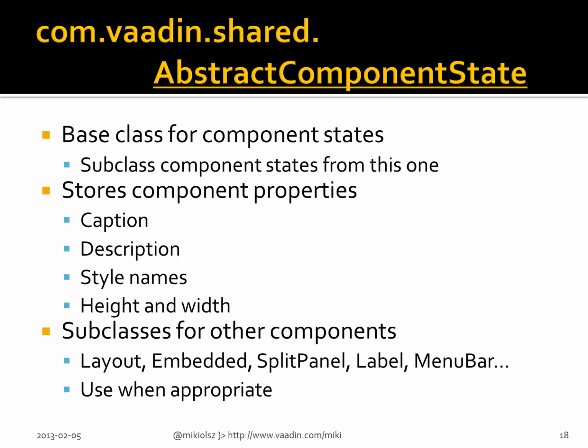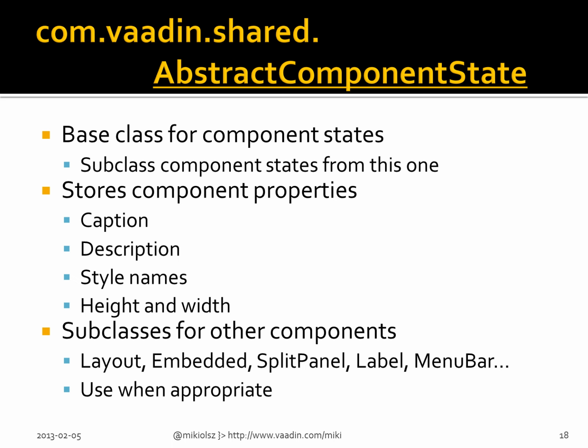But there is more, so there is AbstractComponentState, which should be a base class for all components or component states. So if you develop a custom component, you should probably inherit from that instead of SharedState, because it stores and handles the common properties like caption, description, icon, height, width, and so on, and style names.